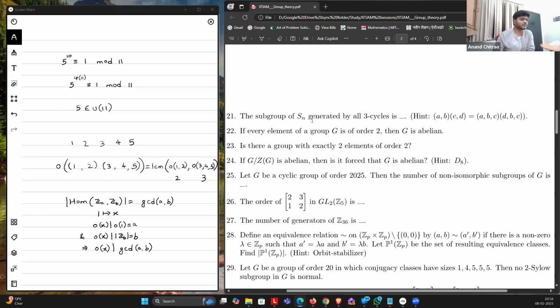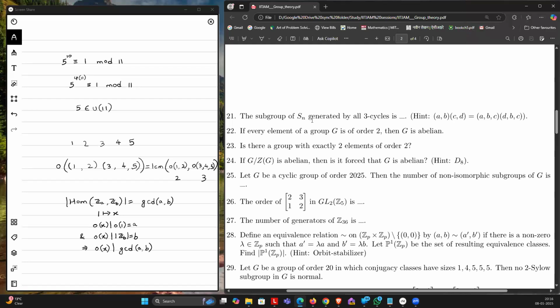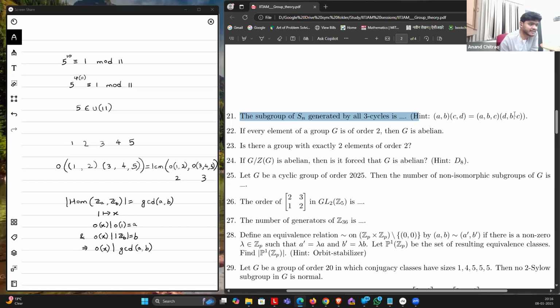Now, the subgroup of Sn generated by all 3-cycles is An. Yeah, so let's end here: the subgroup of Sn generated by all 3-cycles is An. Everybody knows the reason?